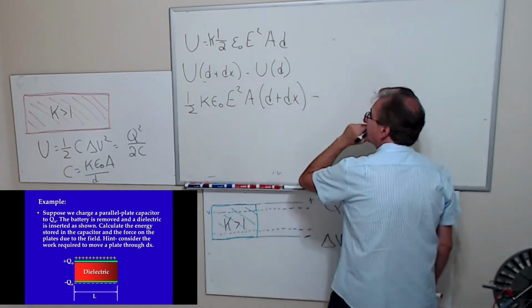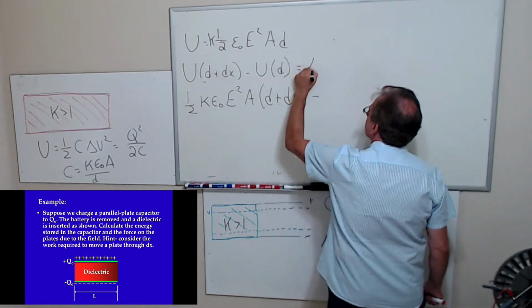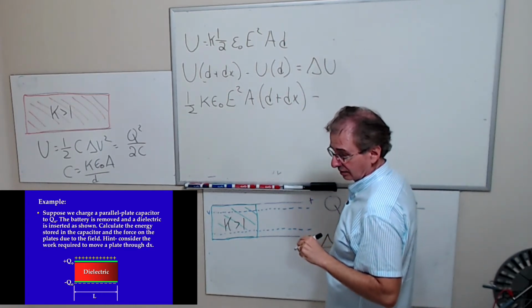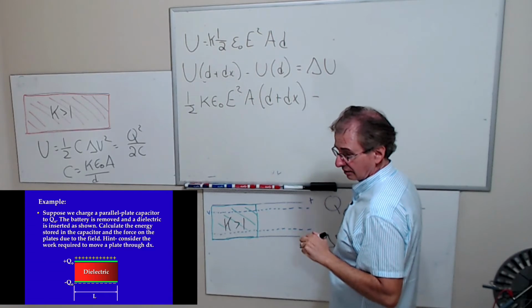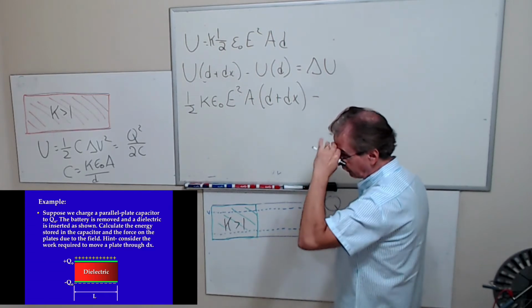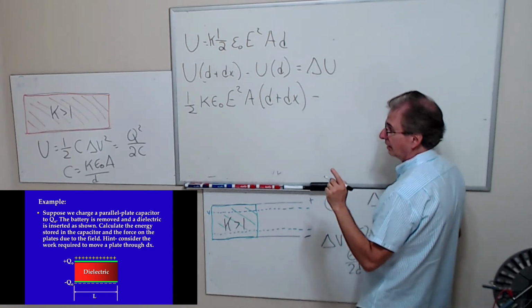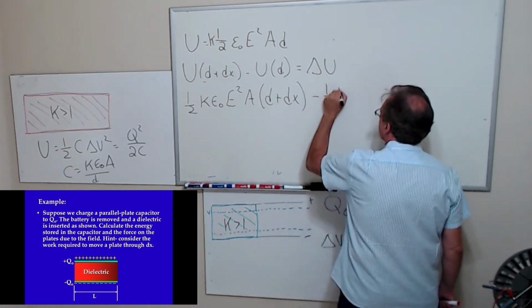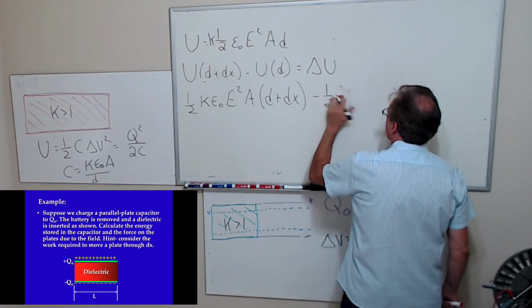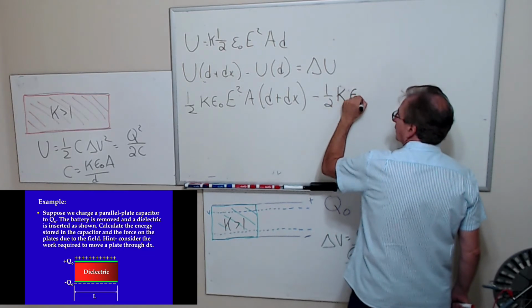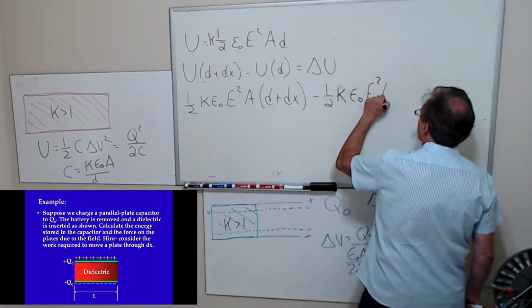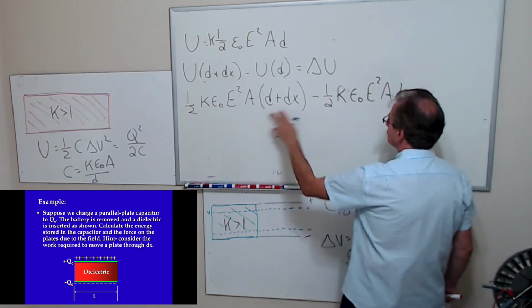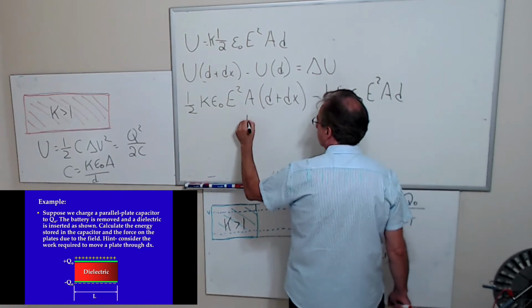And I want to look at the change in potential energy. And that's going to be equal to the work done by the field, or minus the work done by the field. When I take the difference between these two, if I subtract these two, I'm going to get the following.